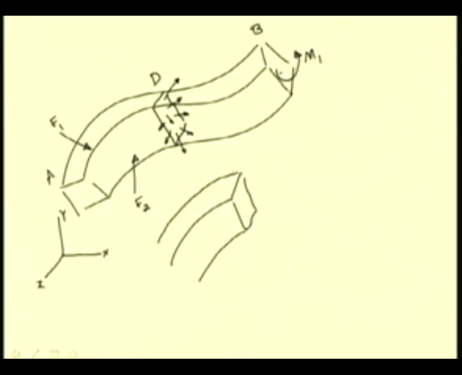The resultant of all these forces at this section D, let us say these are the local coordinates of this section, let me call this as small x, this as small y and this as the z axis.